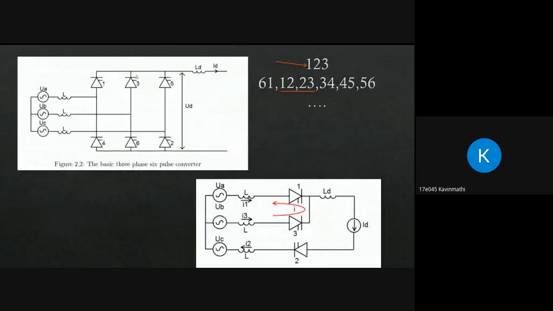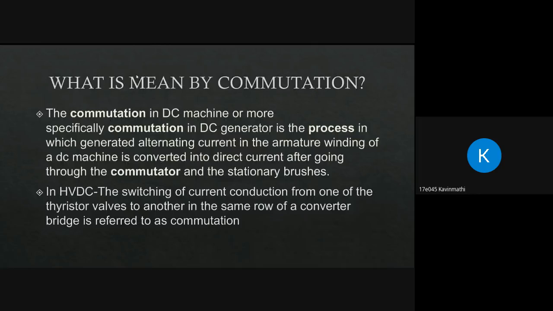First, let's see what is meant by commutation. Commutation can be said in two ways. In the first way, in DC machines, commutation is a process in which we convert an alternating current into a direct current using a commutator.